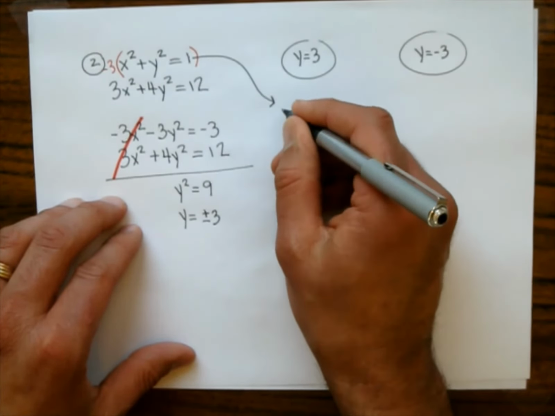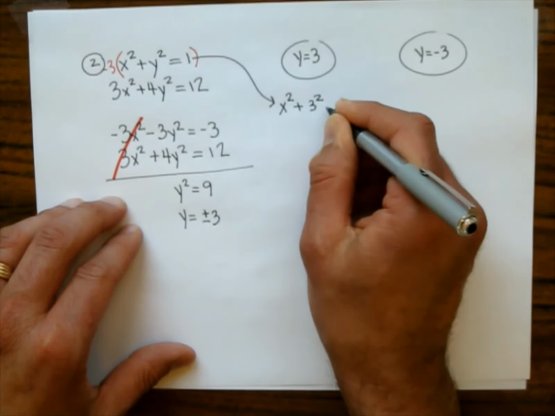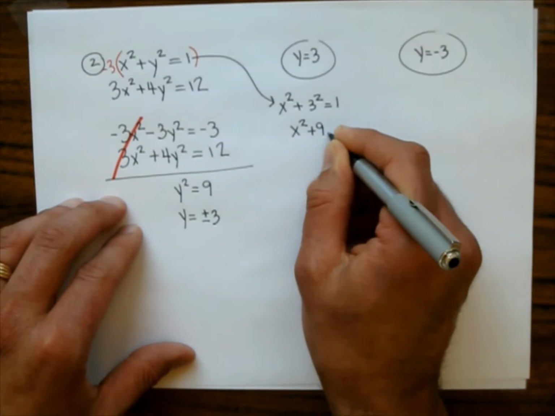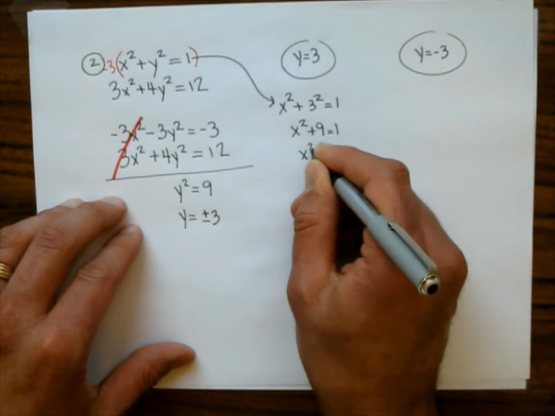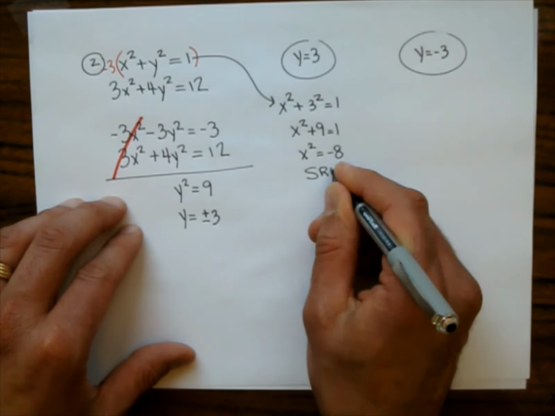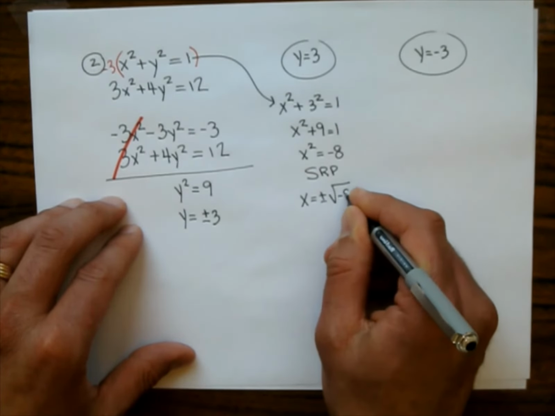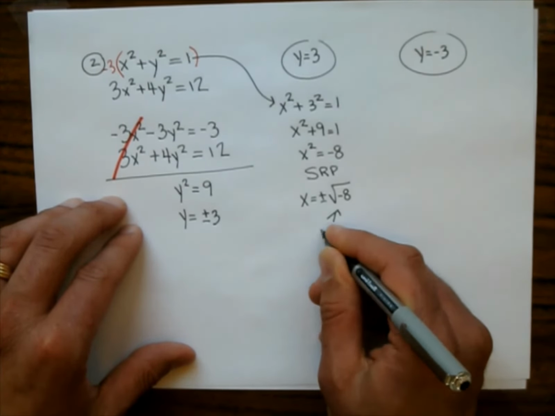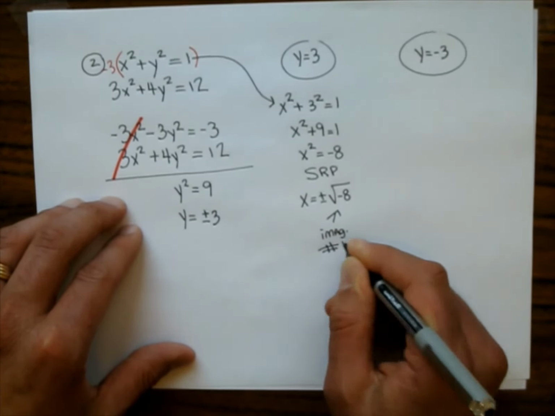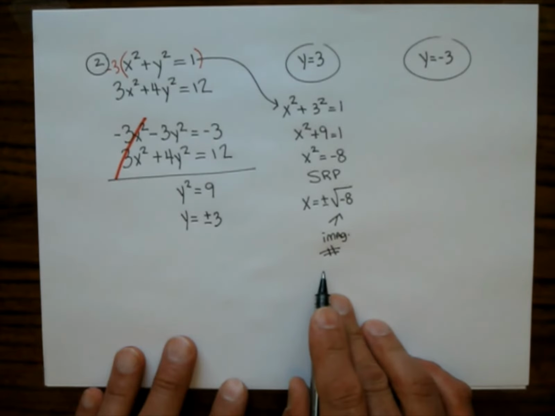So y equals 3, I have x squared plus 3 squared equals 1. X squared plus 9 equals 1. X squared equals negative 8. Square root property, x equals plus or minus, look at that. This right here is an imaginary number. And we are looking for real solutions, so this is a dead end.